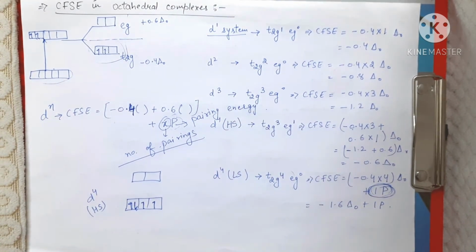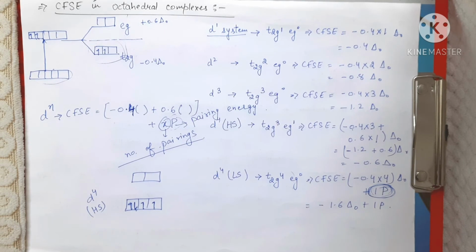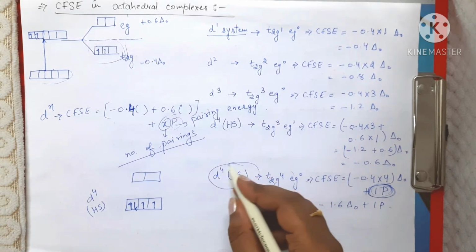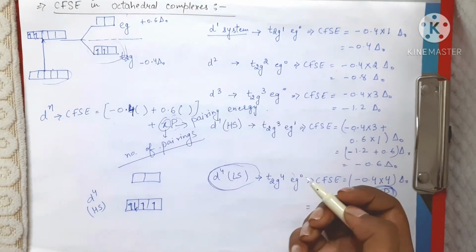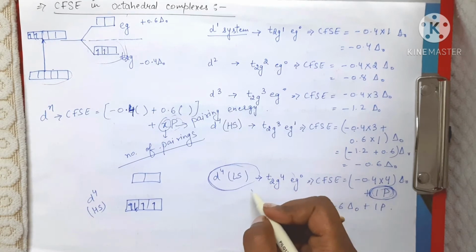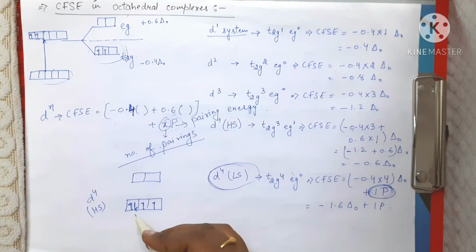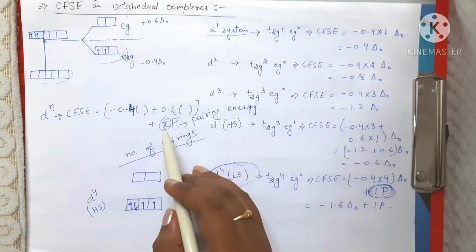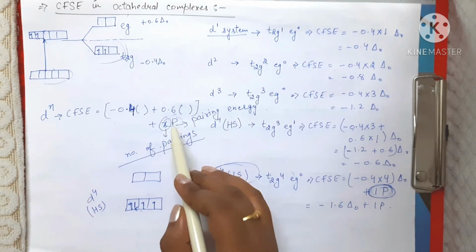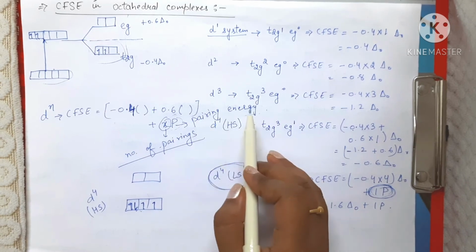So this is how you are going to calculate the CFSE in the case of octahedral complexes. What you have to remember is that whenever you form low spin complexes, pairing takes place, and the number of pairings will be considered here, and P will be called the pairing energy, okay?